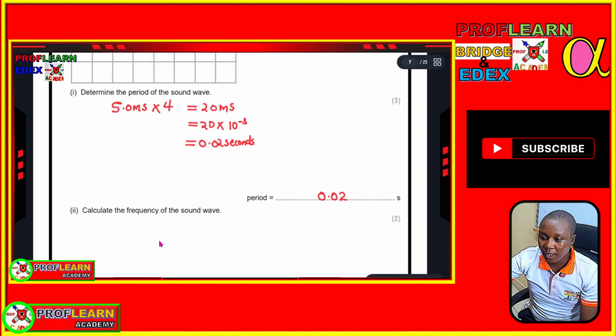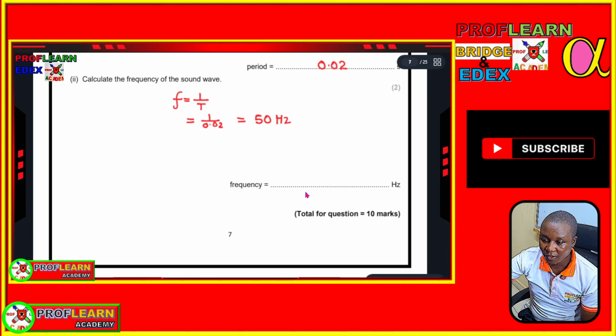We are supposed to work out the frequency. We need to remember that the formula for frequency is 1 over period, and that means we use the time period that we have gotten here, which gives 50 hertz as the frequency of this particular sound.